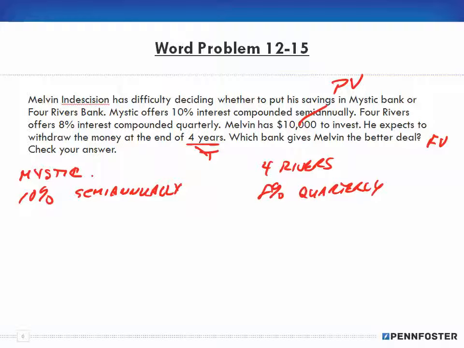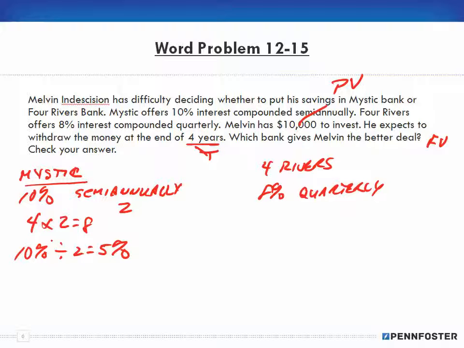So for Mystic, okay, semi-annually means twice a year. Okay, so if it's for 4 years at compounding twice a year, that's 8 periods. And if I have 10%, I'm going to divide by 2, and that means I'm getting 5% per compounding period.